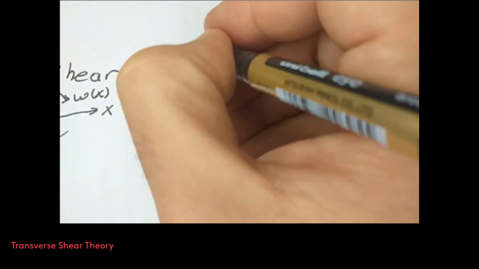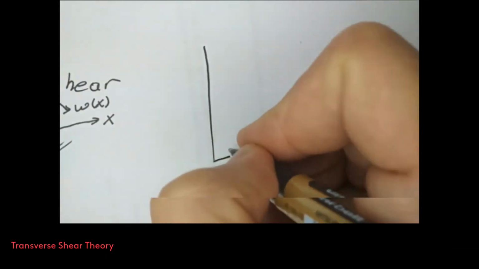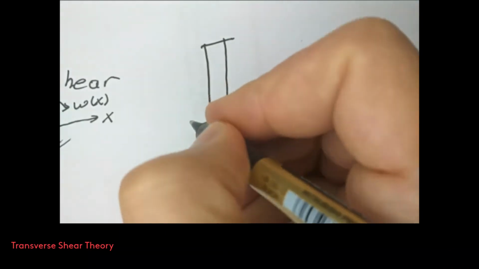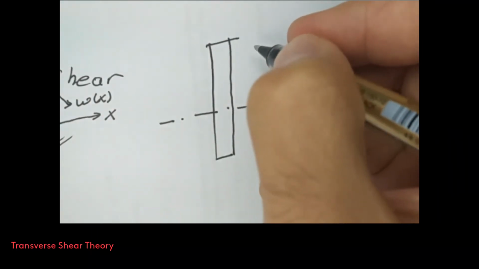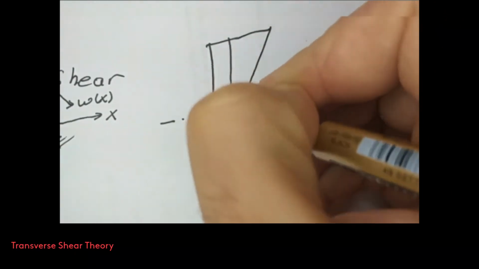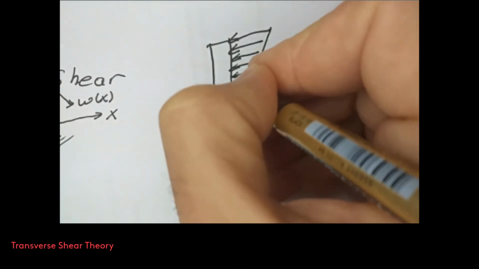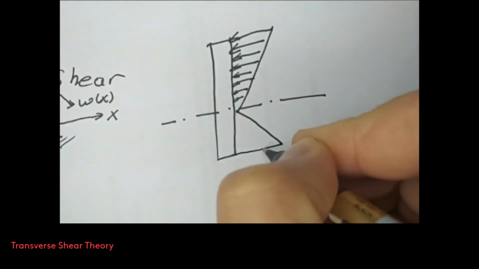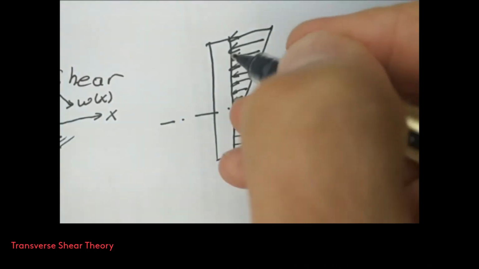We have a thin slice, in fact we have the neutral axis, moreover we have the bending stresses, and let's say that it is compressive above the neutral axis and tensile below.